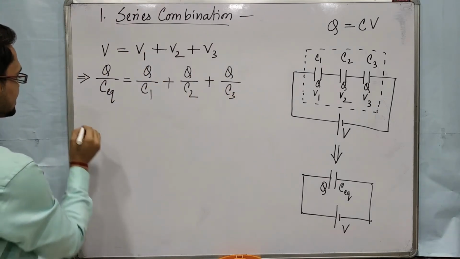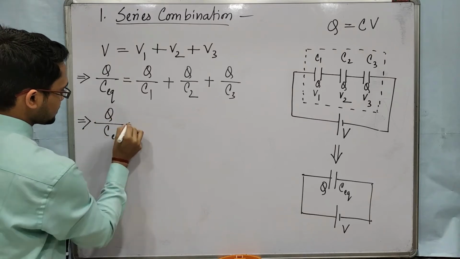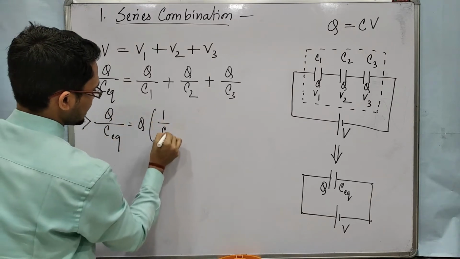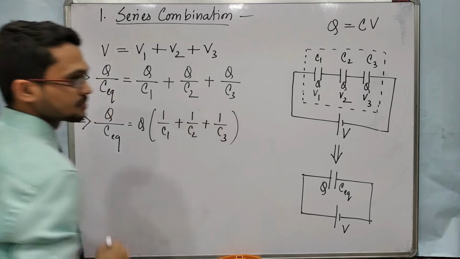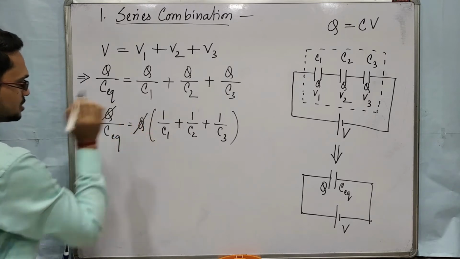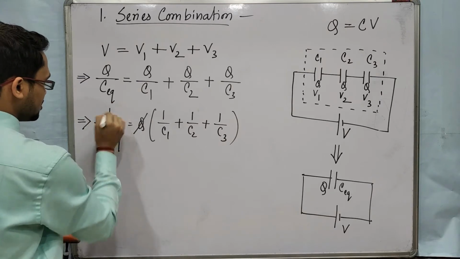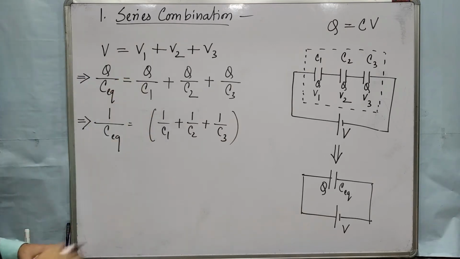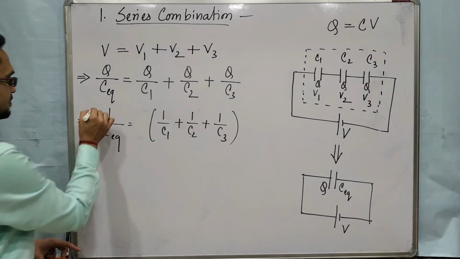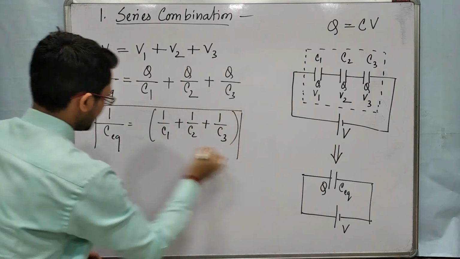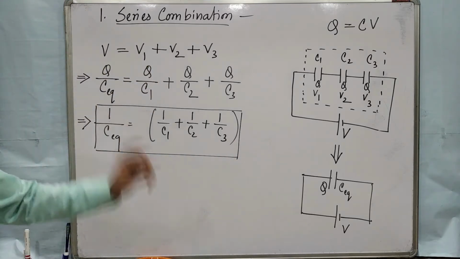Now take Q common on the right hand side: Q times (1 by C1 plus 1 by C2 plus 1 by C3). Q cancels out. So the equivalent capacitance of this series combination is given by this formula for three capacitors. We have to use this formula to find the equivalent capacitance when they are in series.